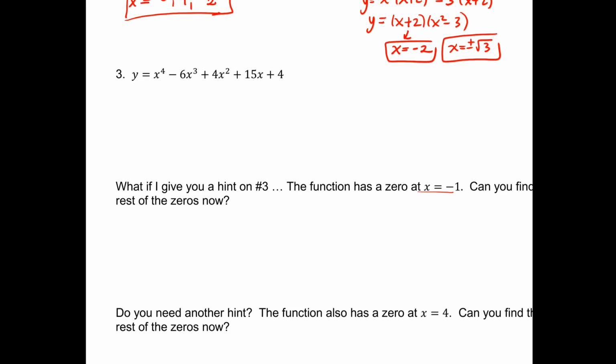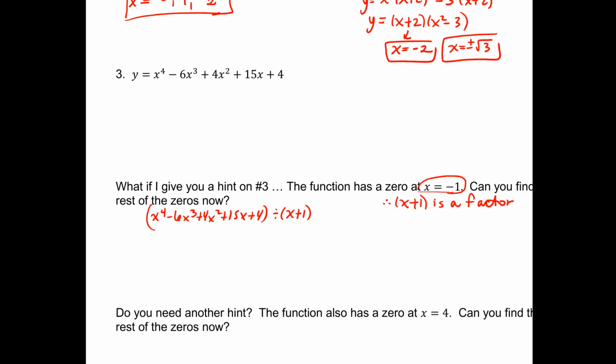Charlie, what would you do? So if x minus 1 is a 0, therefore we know that x plus 1 is a factor, right, guys? So how could I take x to the 4th minus 6x cubed plus 4x squared plus 15x plus 4 and divide it by x plus 1 easily?